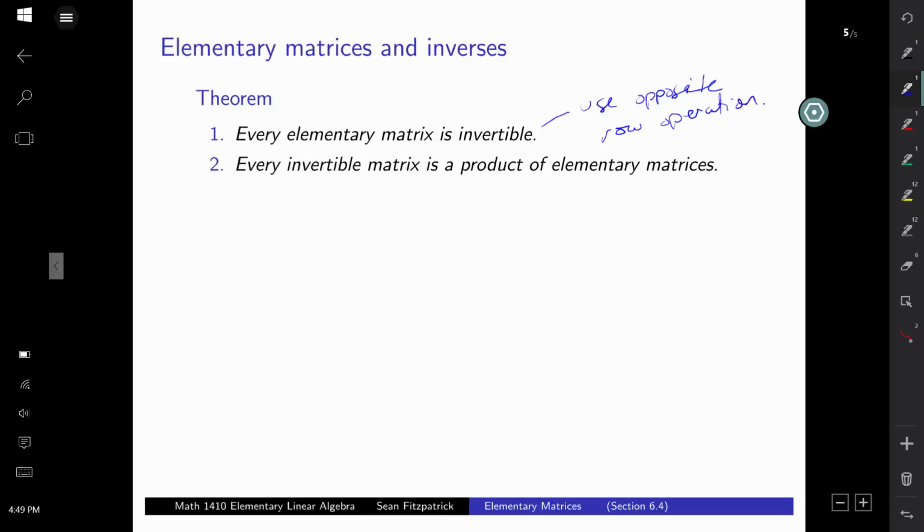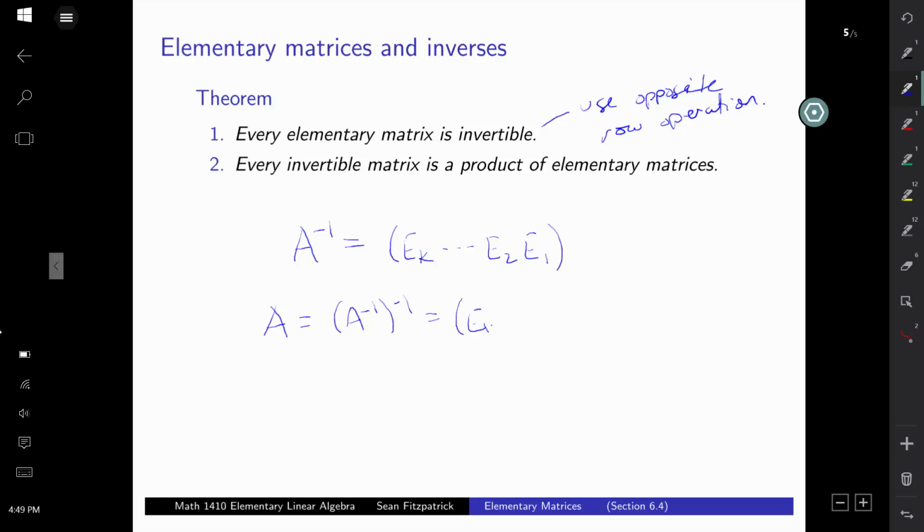Okay. Now, why is every invertible matrix a product of elementary matrices? Well, once we know that every elementary matrix has an inverse, then on the previous slide, we said that A inverse is given by this product, EK down to E2 times E1. We also know that A is the inverse of the inverse.